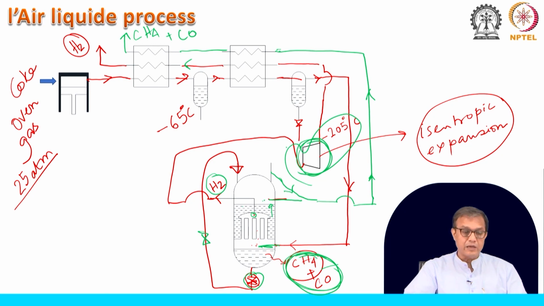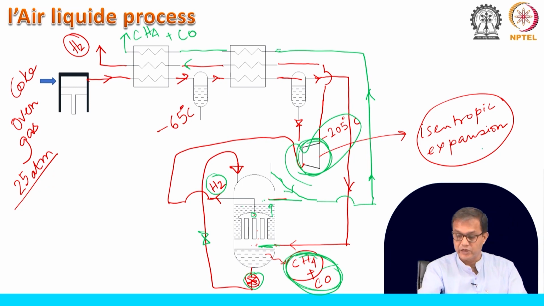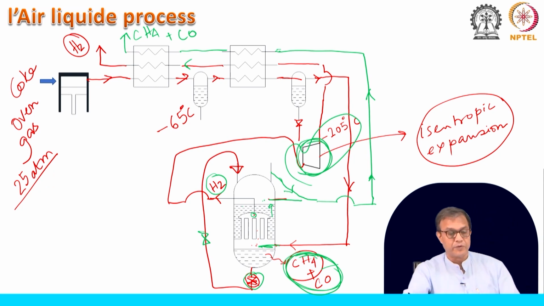It is unlike that Linde-Braun process where liquid nitrogen was supplied from outside. Here this high pressure gas, because of this isentropic expansion, will produce the necessary refrigeration. So, this is how this Air Liquide process is meant for producing hydrogen from the coke oven gas.